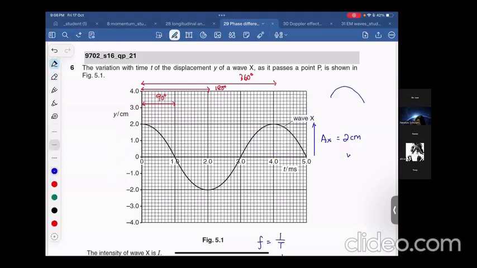Okay, let me draw it out. So I will start from here, goes to the 2.8, and then going down. I want a longer line. It's so hard for me to draw. I'll try my best. Okay, 2.8.